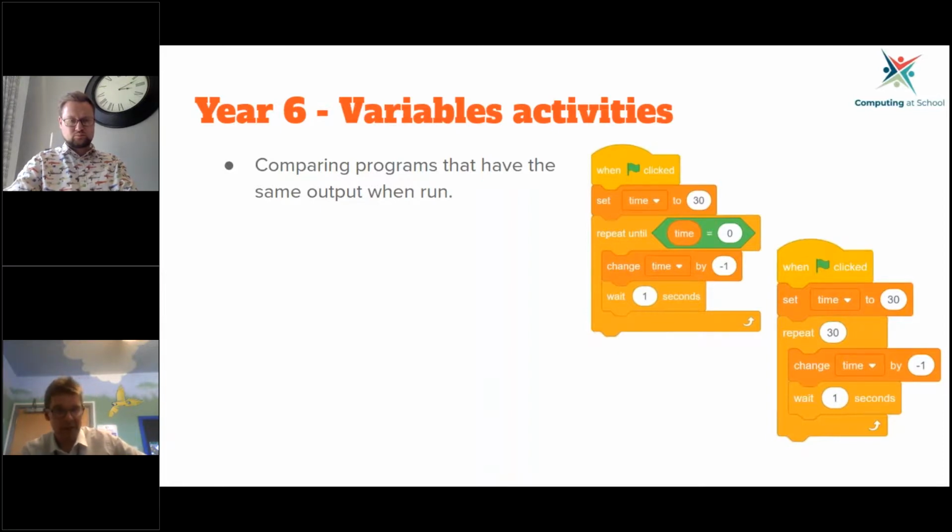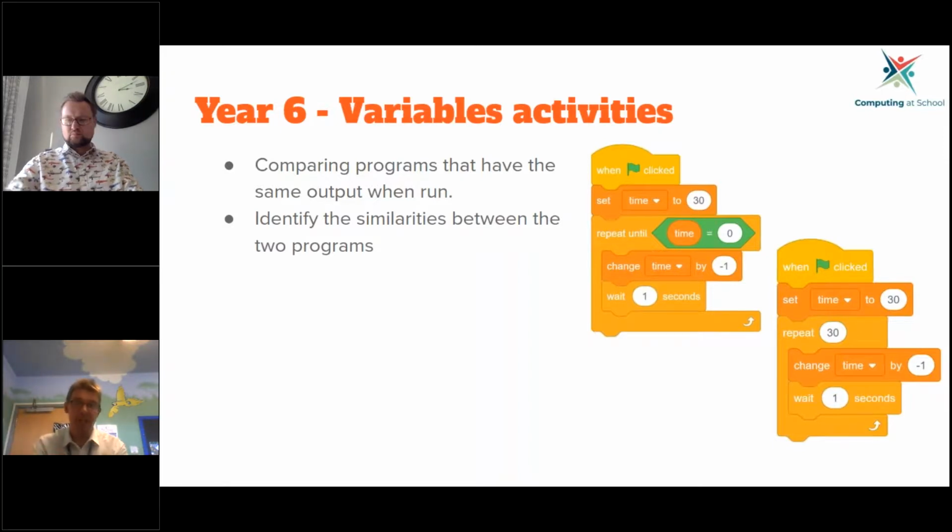So you might start off with an activity like this, where you've got two programs up and you're identifying that actually these two programs will have similar output when they run. They'll both set a number to 30 and they will both act as a countdown timer. And you might want to then ask children to use a sorting table, a T-table, with similarities and differences, and you're asking them to identify what's the same.